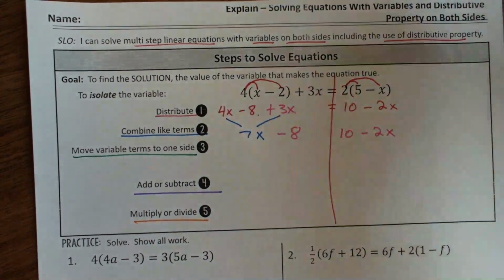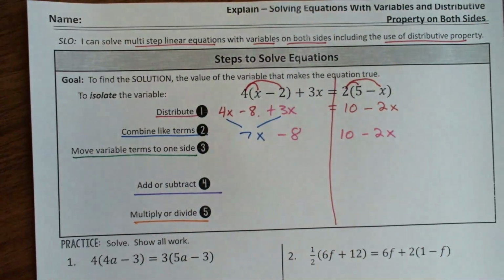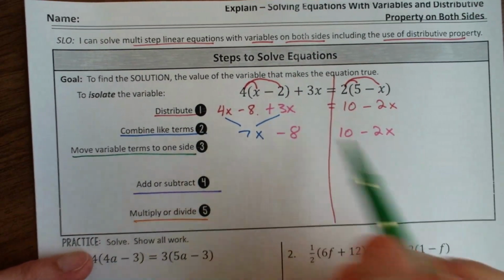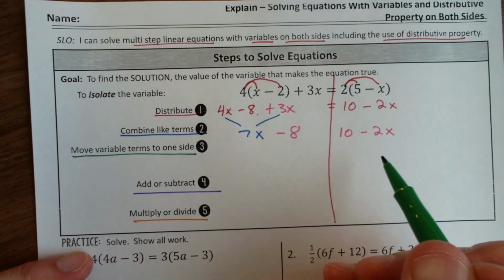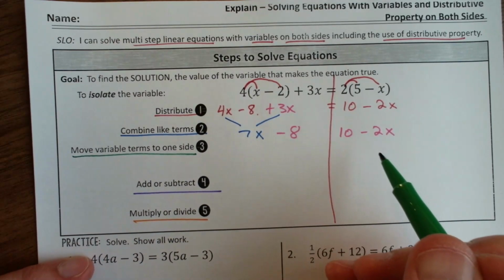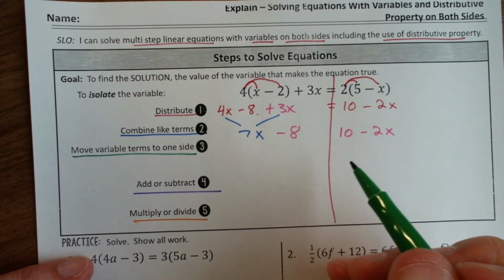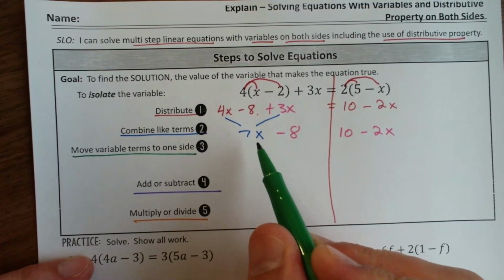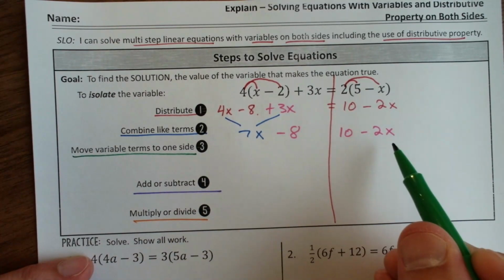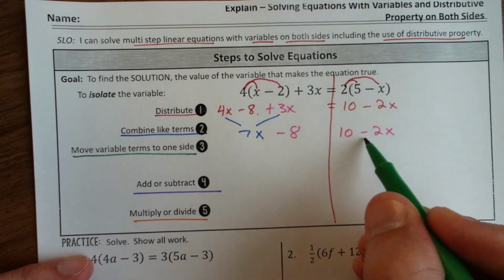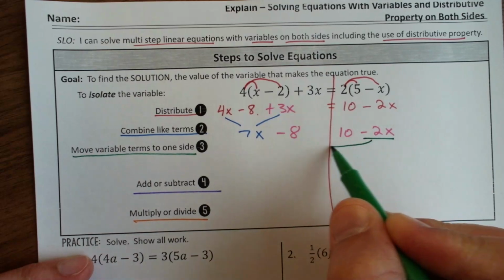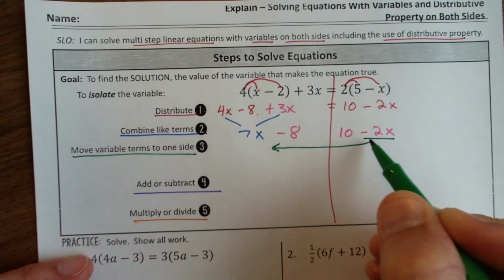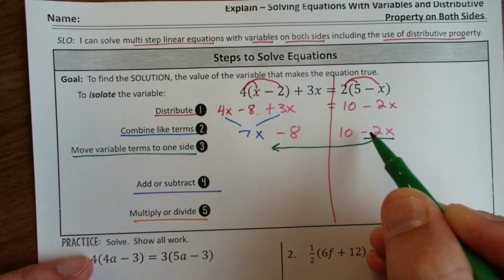That step is done. Step number 3, move the variable to one side. I have variables on both sides. I can't have that if I'm solving an equation. I need to move it so it's on one side, and I always want to move the smaller value. I have positive 7x over here. I have negative 2x over here. So I'm going to move this value over here. And when I move it, it changes its sign.